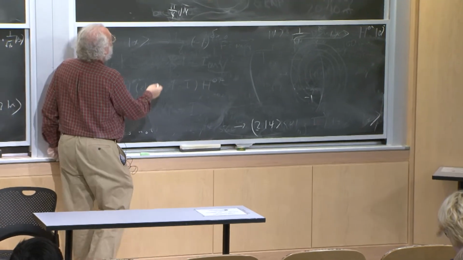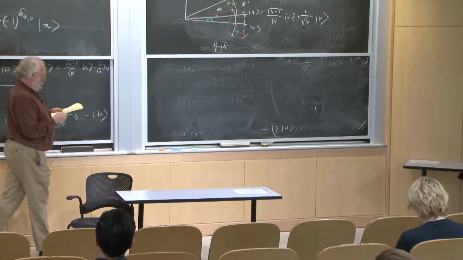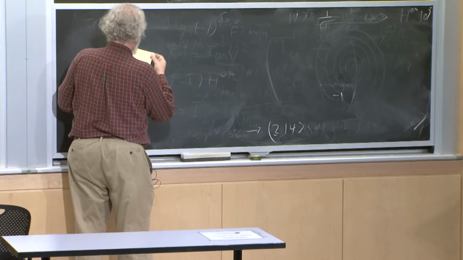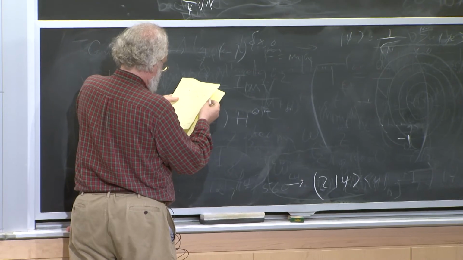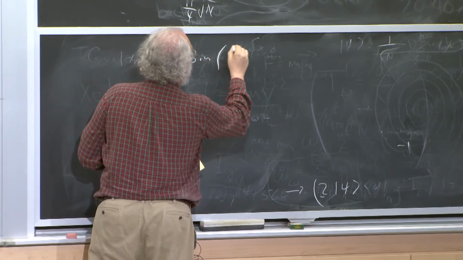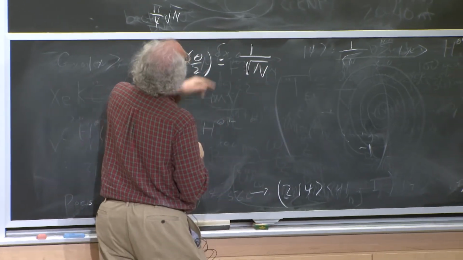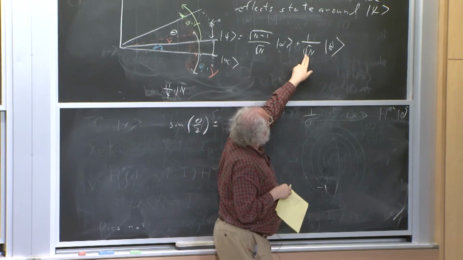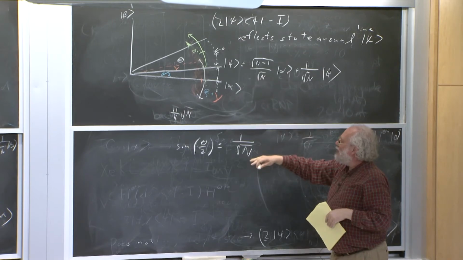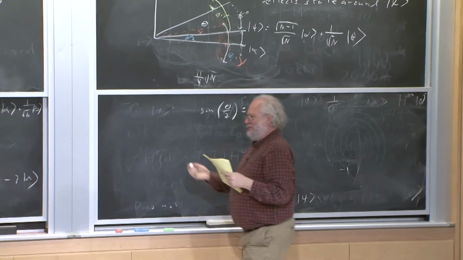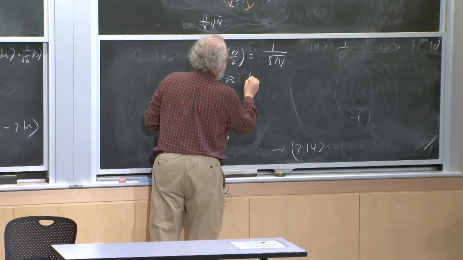We have sine of theta over 2 equal to 1 over root n, just because this is 1 over root n times beta plus root n minus 1 over alpha. Now we're going to assume n is big. That means theta over 2 is approximately 1 over root n.